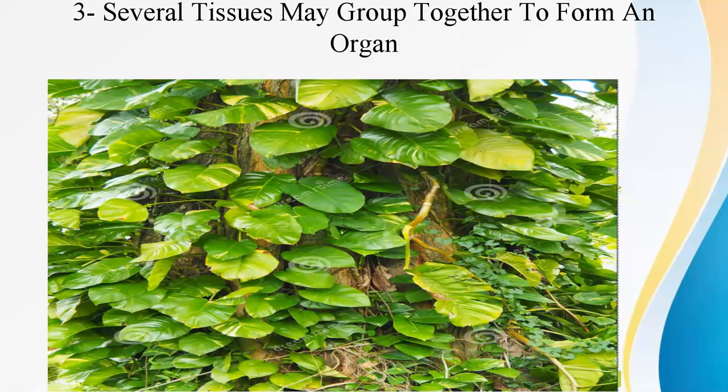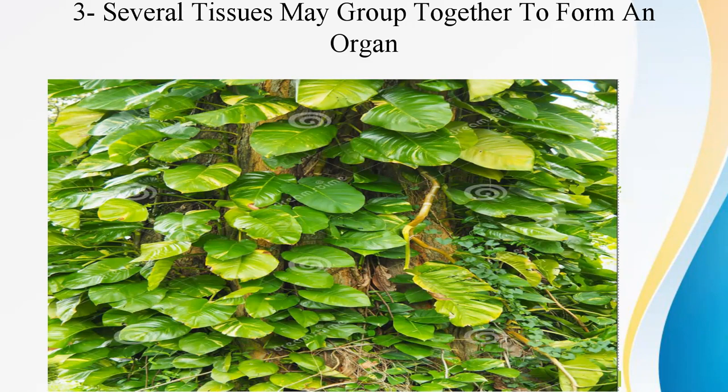Organs in animals include heart, lung, stomach, intestine, liver, kidney, brain, muscles, skin, etc. Most animal organs are made up of connective tissues and some other special types of tissue. Now here on your screen, you can see the picture of a plant. If you notice carefully, this plant has some root-like structure at the base.